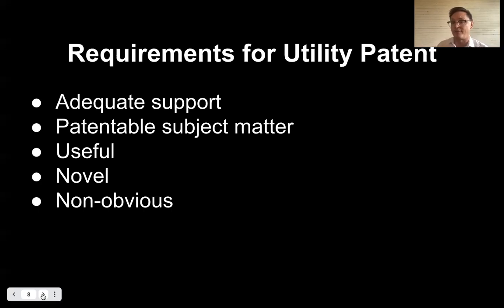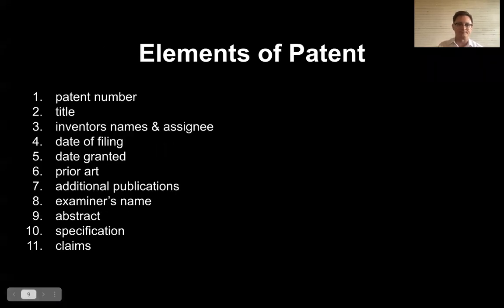And it also has to be non-obvious. In other words, you can't patent something that a person having skill in the art in question would be able to come up with themselves after reflecting on it briefly, right? So it has to be new and non-obvious.